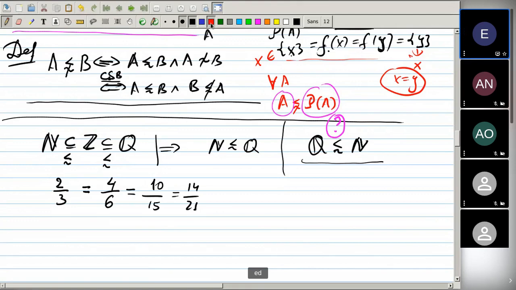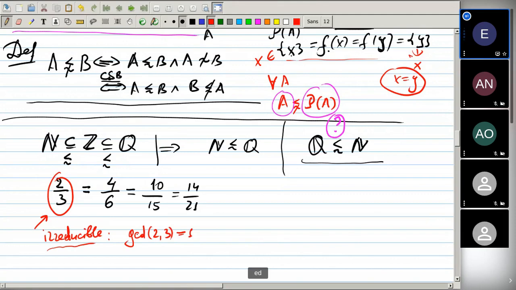Usually we choose 2/3 because you can't divide it by anything. Yeah, this is known as an irreducible fraction. Do you know this term? Now, yes. Irreducible means that the greatest common divisor of the denominator and numerator is 1.